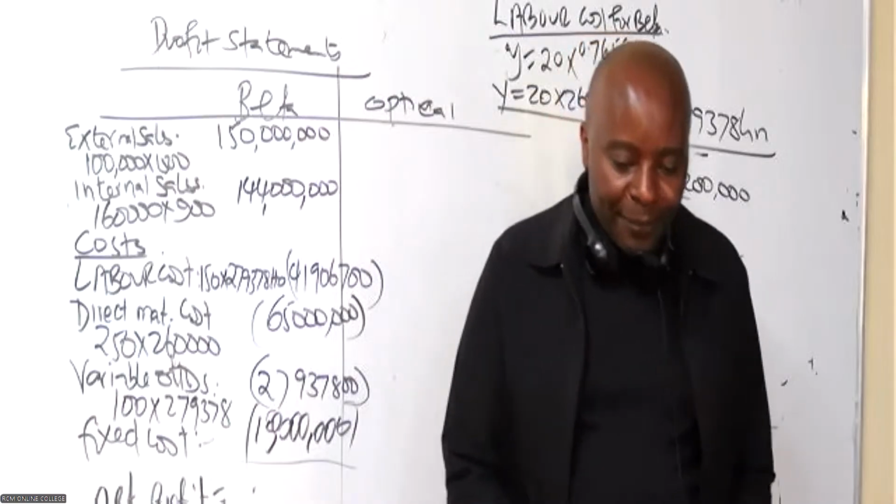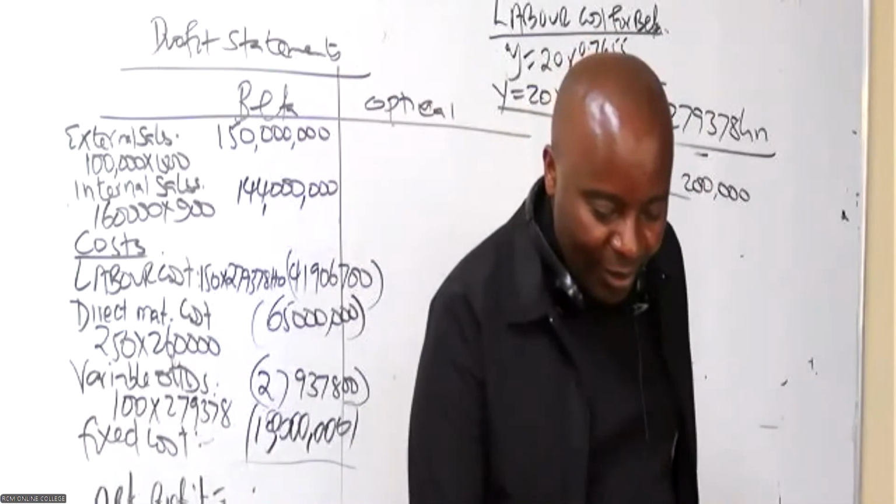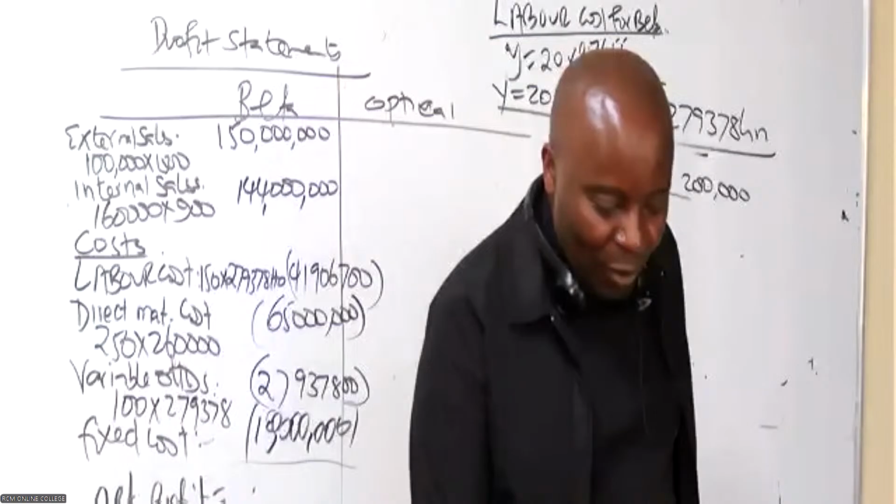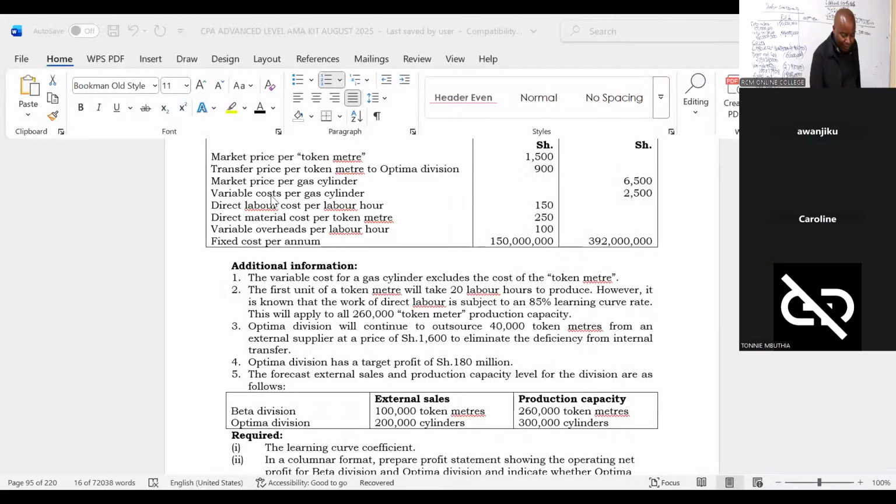Why do we not use it? Because we're not selling gas cylinders here, in beta. You can even see the variable cost per gas cylinder. It's under which column? Are you seeing the 2500 is under Optica? Can we show him the 2500, the variable cost per gas cylinder?